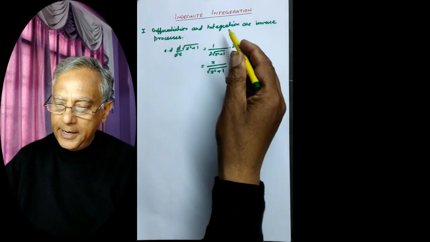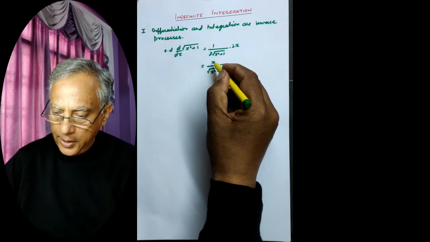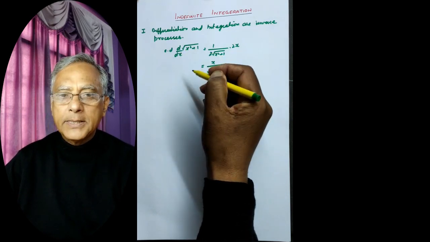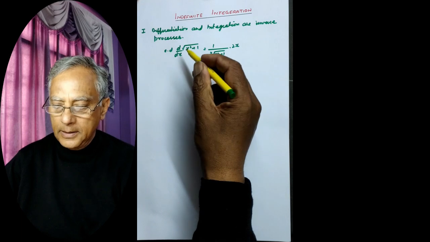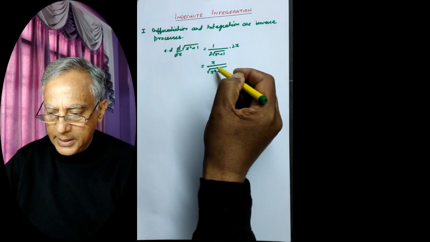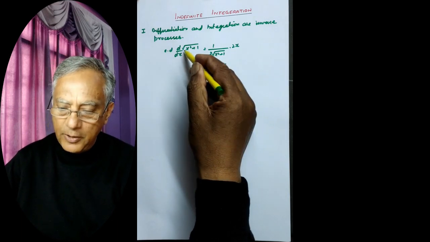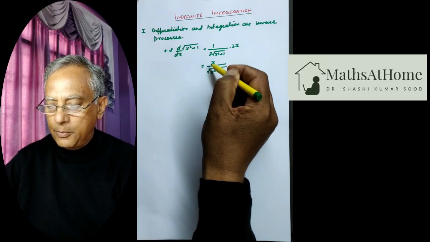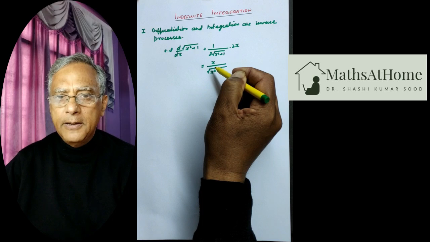Now differentiation and integration are inverse processes. So integration of this function will be under root x square plus 1. Differentiation of this function is this. So integration of this function will be this. This is what we mean by differentiation and integration being inverse processes.